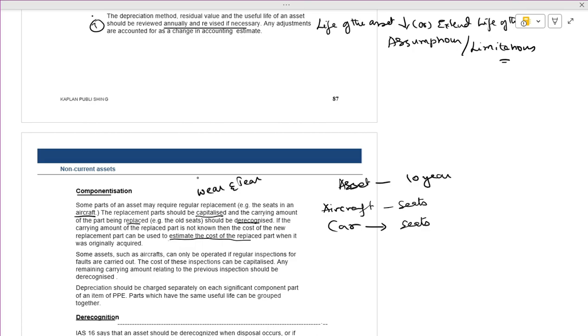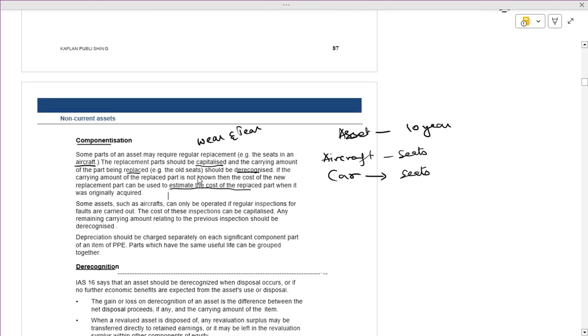If you are replacing a component of the asset, we have to identify the replacement cost, and if it is going to be replaced, estimate the cost of the replaced part when it was originally required.